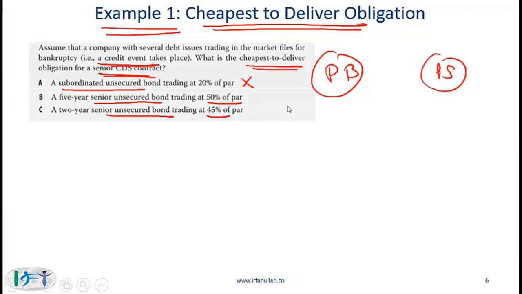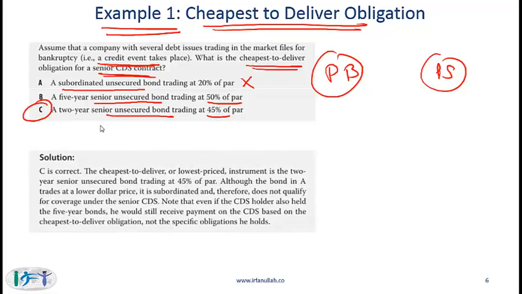Between these two, the protection seller is going to deliver the cheaper one, and clearly the bond which is trading at 45% of par is cheaper, so this is the one that will be delivered. For completeness, I would also want you to read this solution from the curriculum.